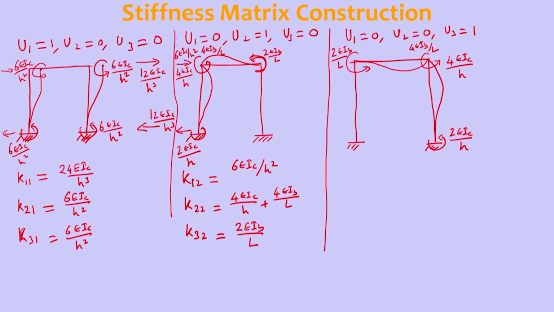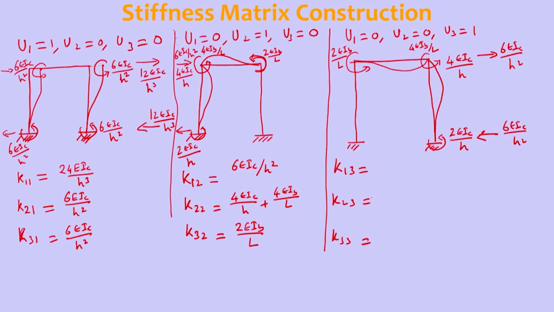So the unbalanced moment at this column is 4 EI column by H and 2 EI column by H together will be 6 EI column by H square, here 6 EI column by H square. So now if we write the coefficients K13, K23 and K33.